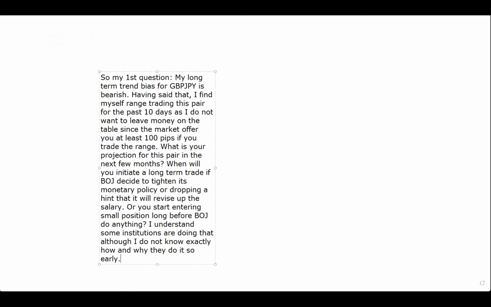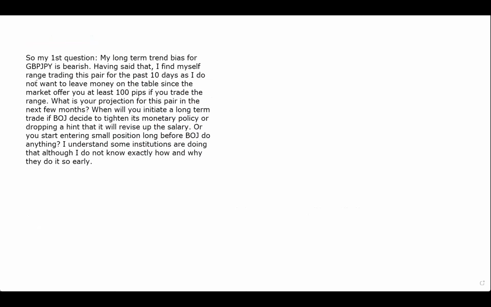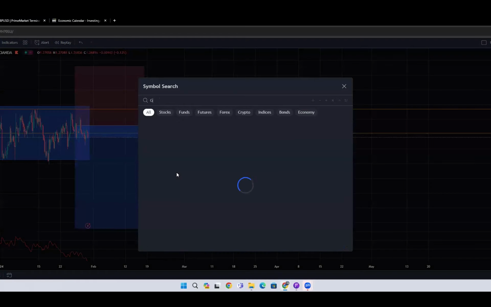Okay, so my first question. My long-term trend bias for JPY is bearish. Okay, pause here. Let's have a look at this.